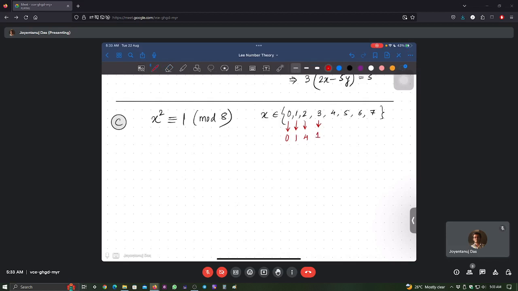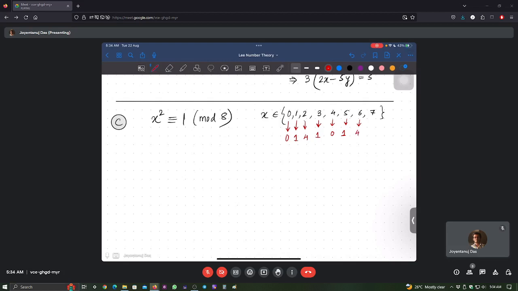4 square will be 0. Right. 5, 25, 1 also. Yes. 6, 36. So 32 is the nearest one, so that is 4, right?